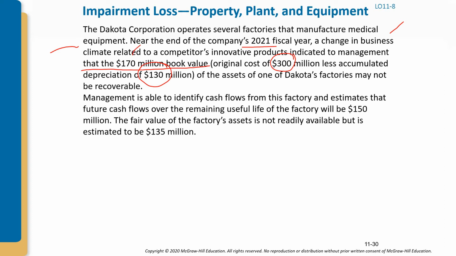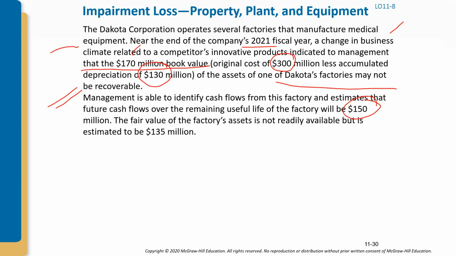Management is able to identify cash flows from this factory and estimates that future cash flows over the remaining useful life of the factory will be 150 million.